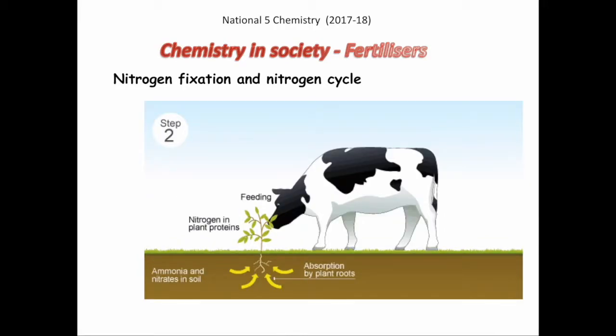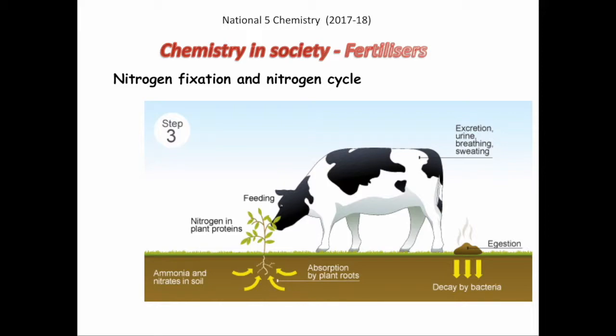Nitrates are taken up by the plants and it manufactures its amino acids and plant proteins. Animals, when they eat the plants, get these nitrates, proteins, and amino acids in their body and fulfill their protein requirements.